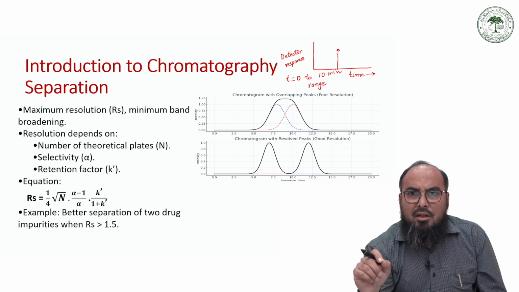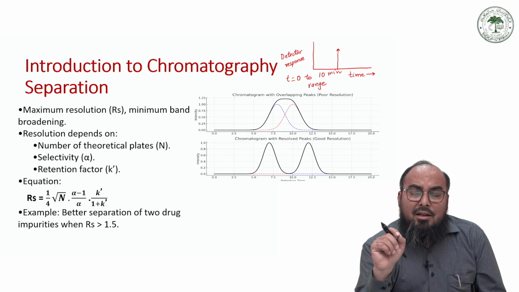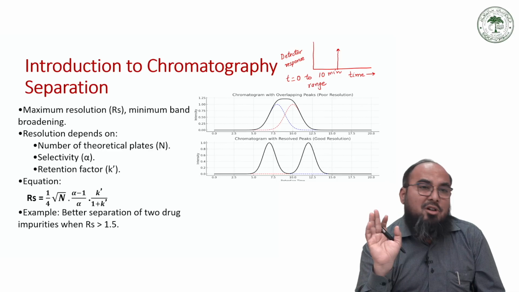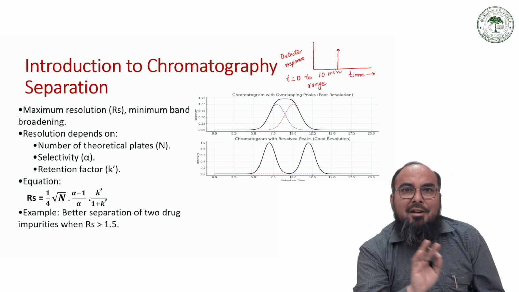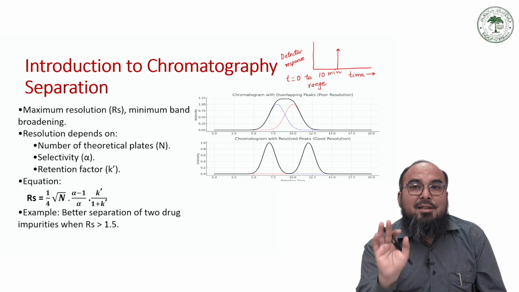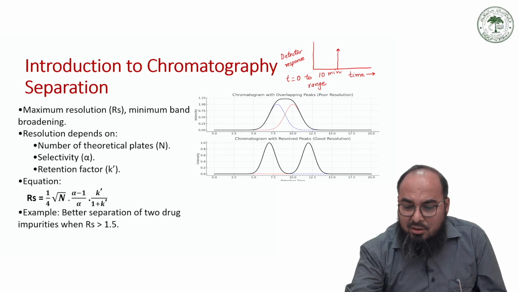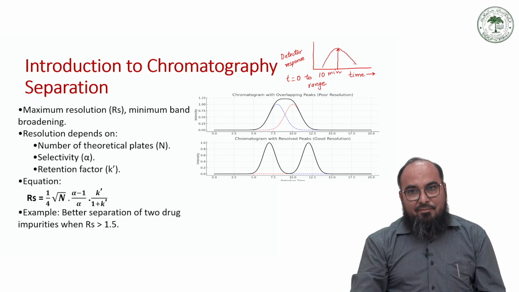If this is the case, it tells you that the solute has no interaction with the stationary phase, because the moment they start interacting, they have to spend some time, and the moment they spend time, they will give you a curve.